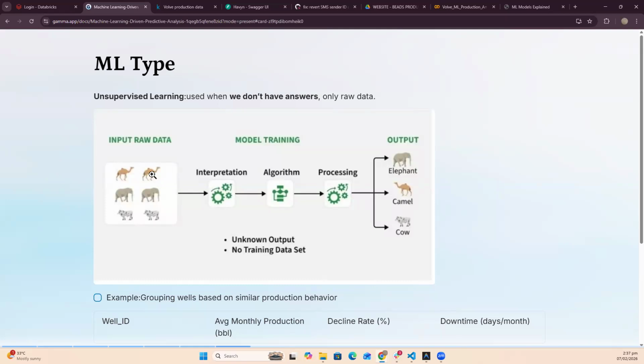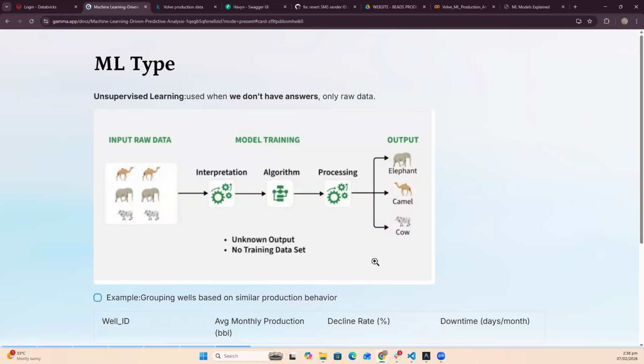With closer features, right? It's going to group them in one group and the other ones in one group. So if it sees something of this sort, it's camel. If it sees something of this sort, it's cow. All right. So basically, that's how the training is being done if we are going with unsupervised learning. All right. So at the end of the day, we are going to get groupings.